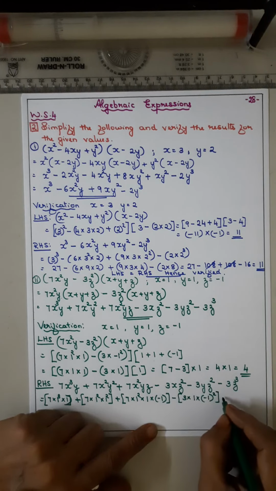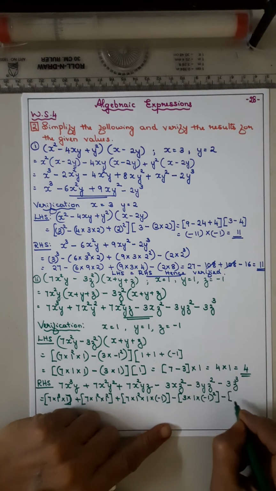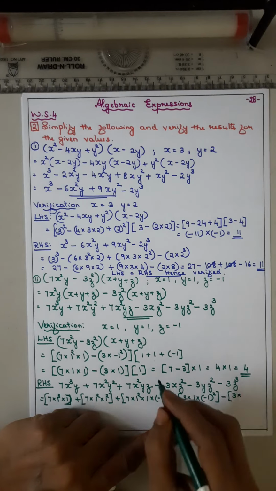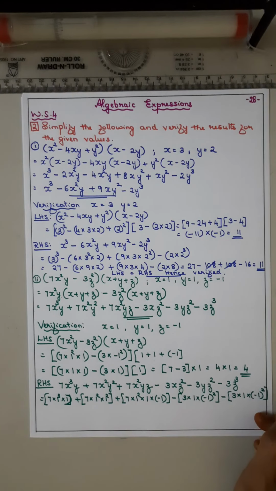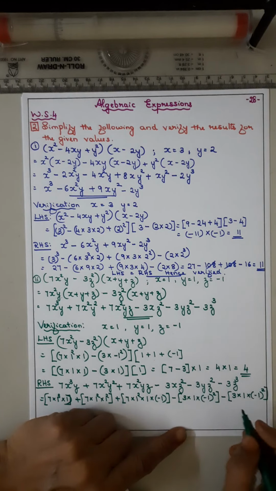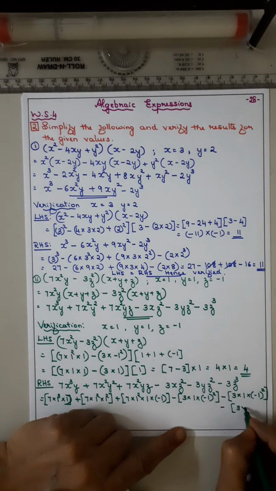Okay, now sorry, 3 into y is 1, z minus 1 squared. Sorry, minus 3 into z is minus 1 cubed.